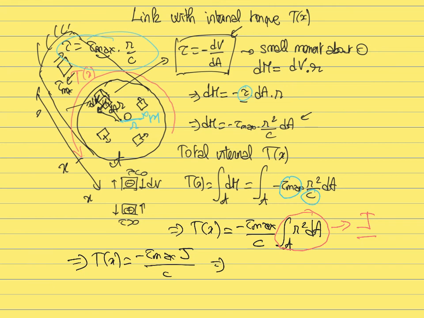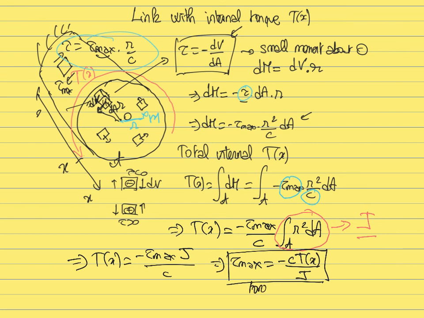So if what we want is to calculate tau max, the maximum shear stress at the surface, it is going to be equal to minus c times the internal torque divided by the polar moment of inertia J. So this is the expression. This is the torsion formula.